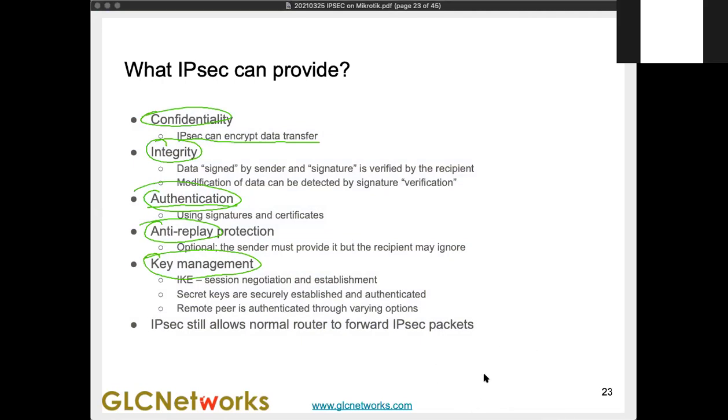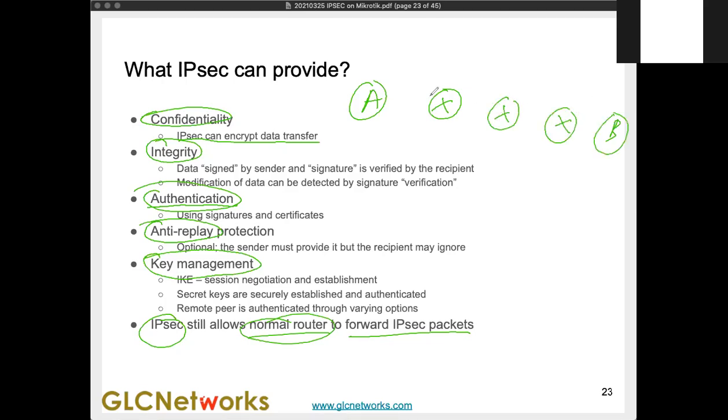The good thing about IPsec is that it still allows normal routers to forward IPsec packets. So we have end device A, and another router here, and this is B. We want to connect from A to B along the path.